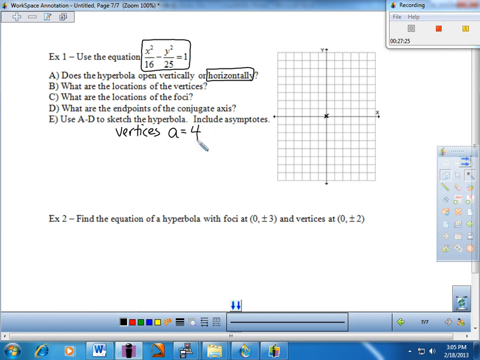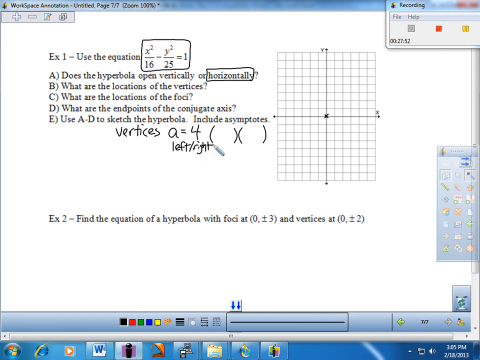And so as a result, you notice I kept the numbers pretty easy for you. A is 4. And as we go ahead and sort of write our ordered pairs here and here, obviously what we want to do is come off the center. In this case, the center is at the origin. Are we going up and down, or are we going left and right? And I'm hoping you would agree that we go left and right.